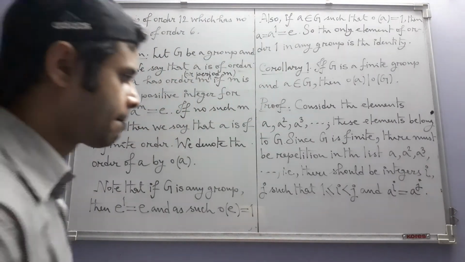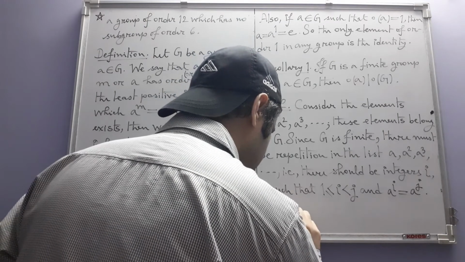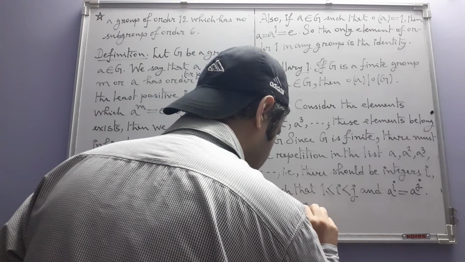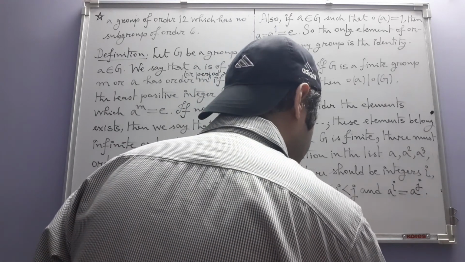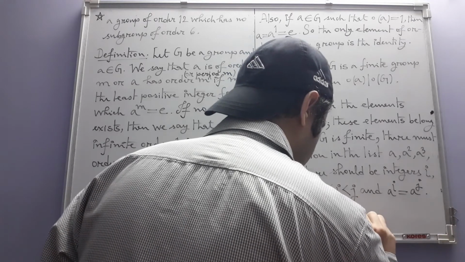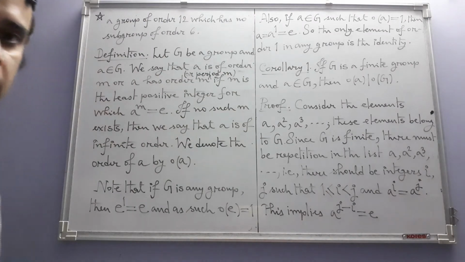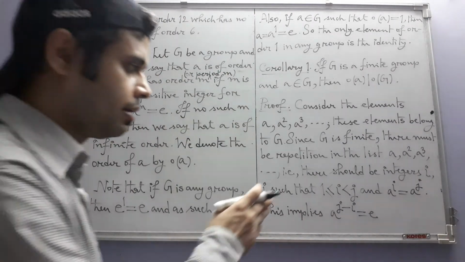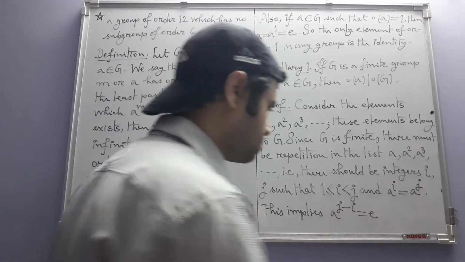Okay, this implies a to the power j minus i is equal to identity. You multiply both sides by a to the power minus i and use the rules of exponent, you get this.